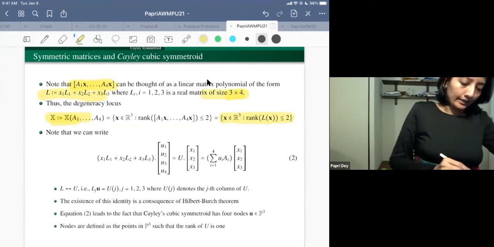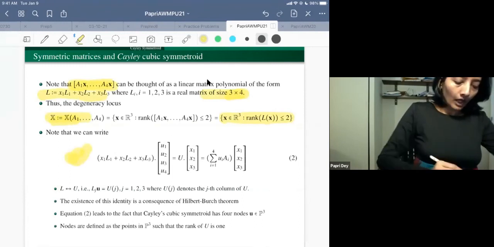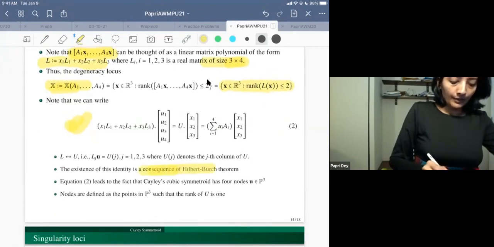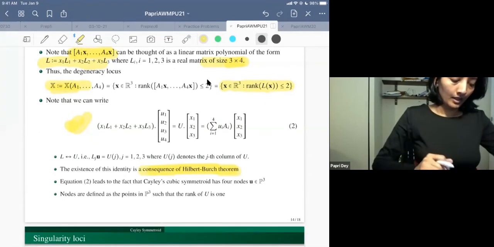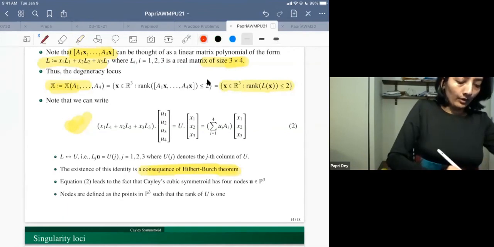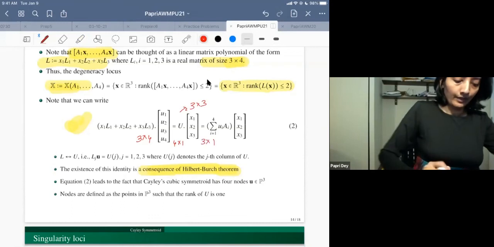And look at this identity. This is actually a consequence of the Hilbert-Burch theorem. We can see that this matrix is 3 by 4, here 4 by 1, and here U is a 3 by 3 matrix, and it's 3 by 1.